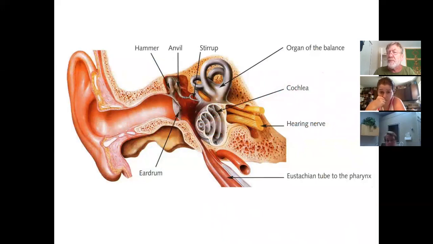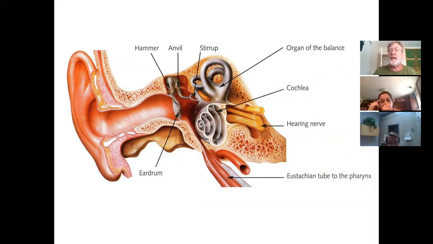Here's another picture. Outer ear, middle ear, inner ear. Outer ear canal, eardrum, middle ear space with the 3 tiny bones, and then the balance organs and the cochlea. Now look at the cochlea. They're showing you can see it better. You can see how it's a series of tunnels. Sometimes they call it a labyrinth.